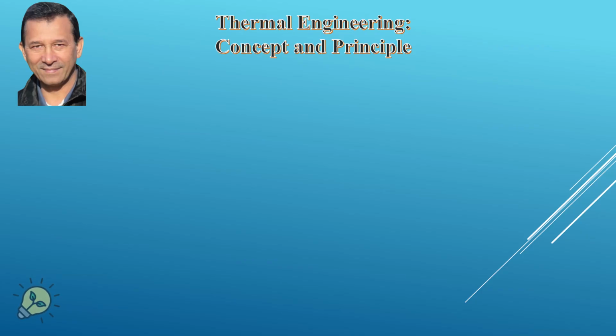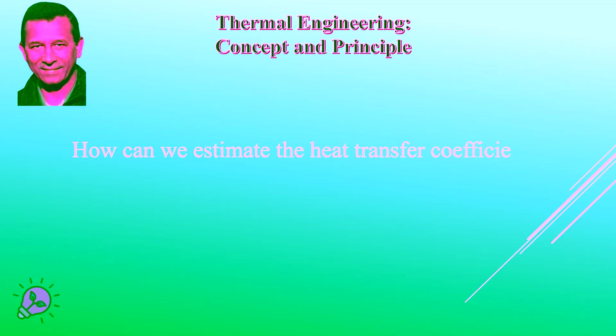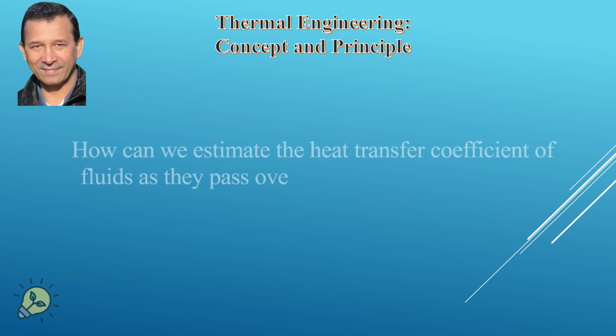In the present episode we will go through how we can estimate the heat transfer coefficient of fluids as they pass over the outer surface of the tubes. That is called the external flow. Let us go deeply in our episode, which is presented by Professor Ali Tarat.